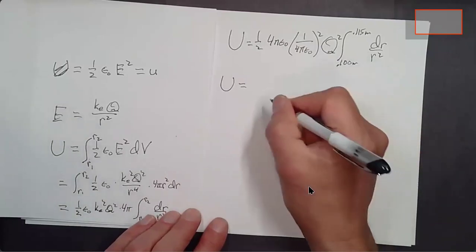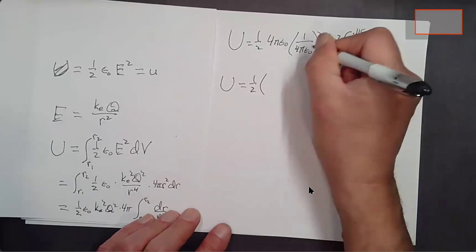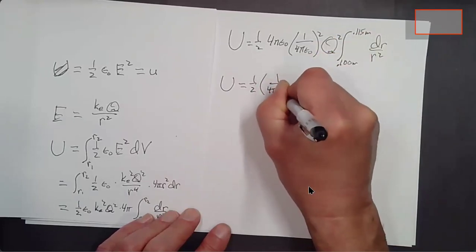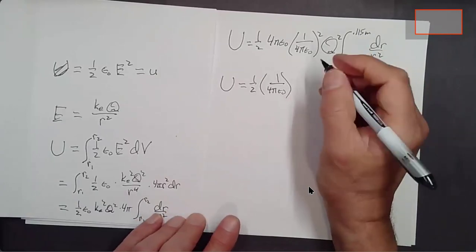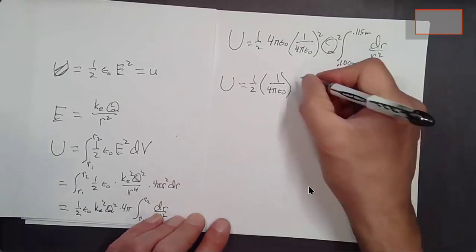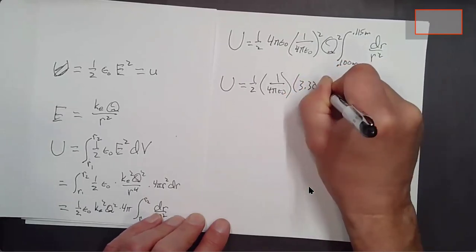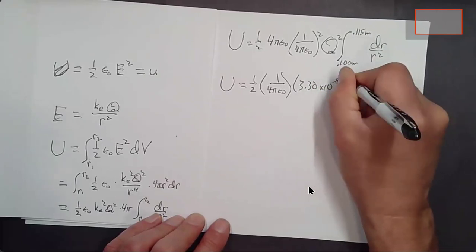So, okay, now I can plug all the numbers in, and we'll see if this actually works. I'll have 1/2, and then I'll have 1 over 4 pi epsilon naught. Q, I figured out, was, they gave me that 3.30 times 10 to the minus 9th coulombs squared.